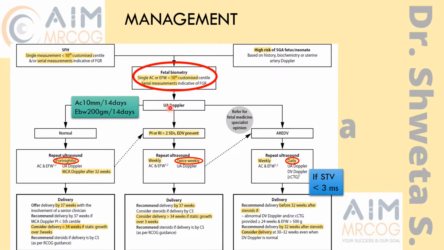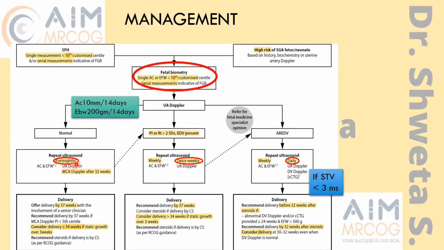Now in umbilical artery Doppler, if it is normal, if it is raised, or if it is absent flow, accordingly your management will differ in three categories. So first we will see normal. If umbilical artery Doppler is normal, then you have to do scan fortnightly, means every 2 weeks. Every 2 weeks you have to do AC and estimated fetal weight and umbilical artery Doppler.